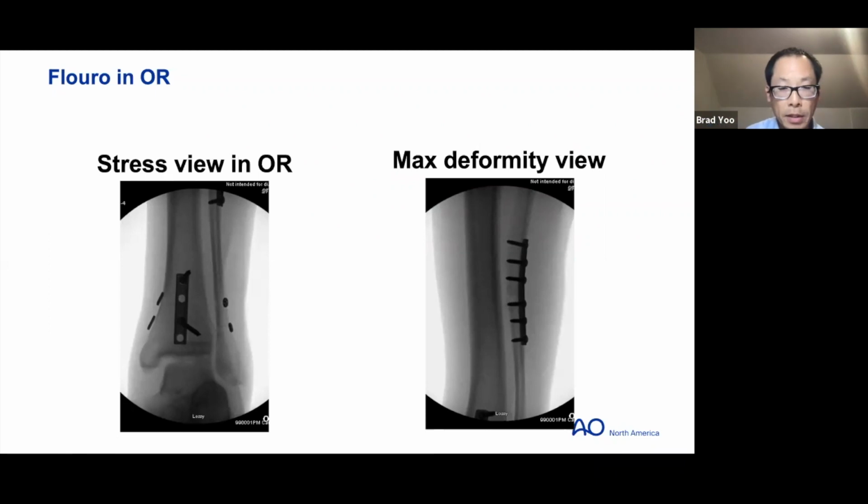Can I make another point about just the radiographs? My first impression of this radiograph was that the plate looks very centralized to me. When you think about the typical configuration of a posterior malleolus, you have to ask, what is the goal of fixing this posterior malleolus?